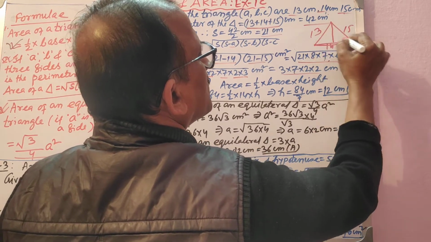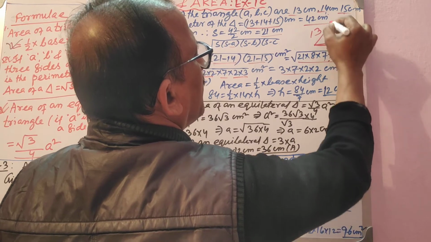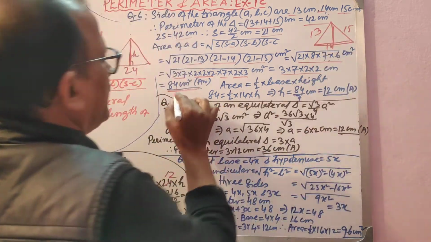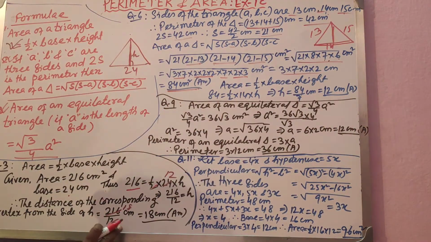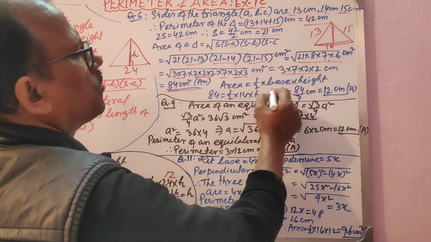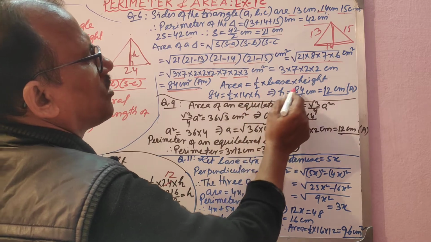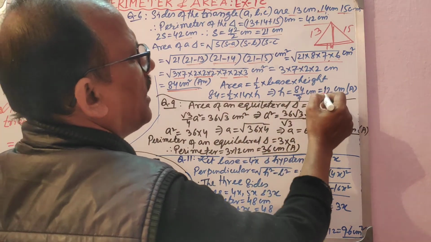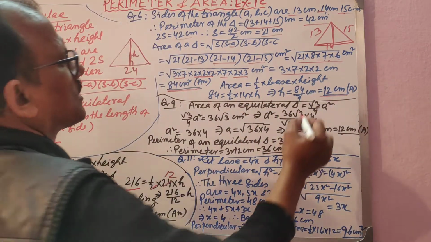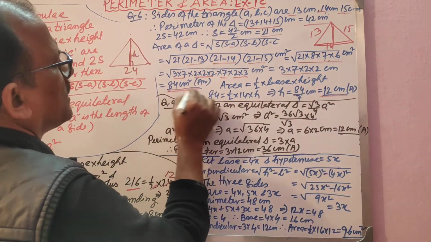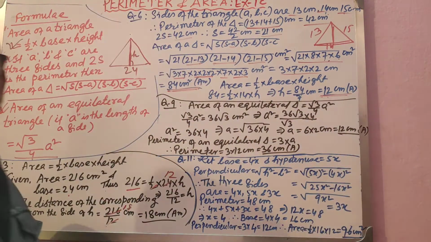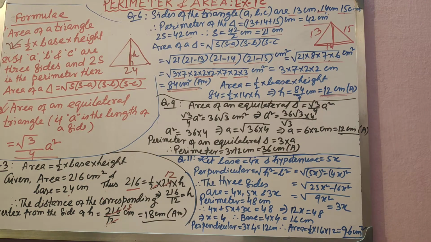You know the base is 14, you know the total area is 84, so you can find the height by this formula. Half into base into height is equal to 84, so half into 14 into h is equal to 84, h is equal to 84 by 7, which is equal to 12 centimeters. So two answers are there. Answer 1 is 84 centimeters square, answer 2 is 12 centimeter. I hope you have understood it.